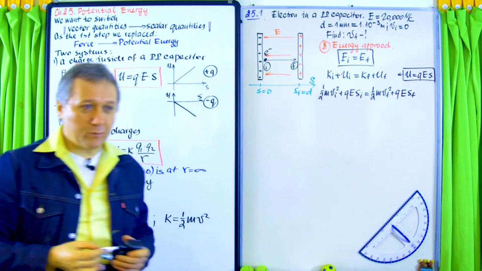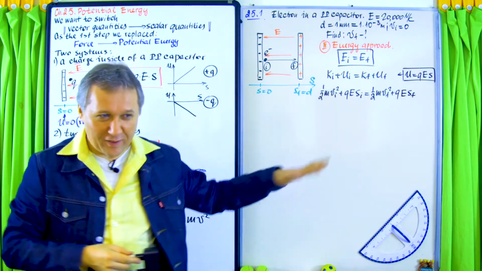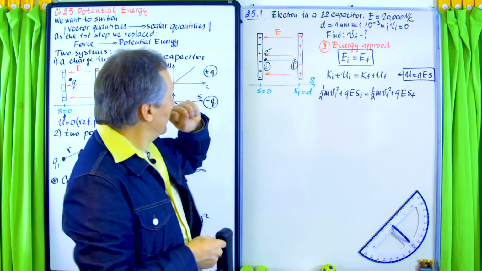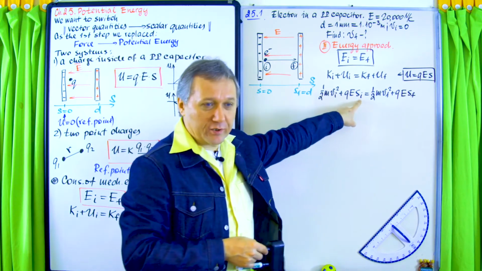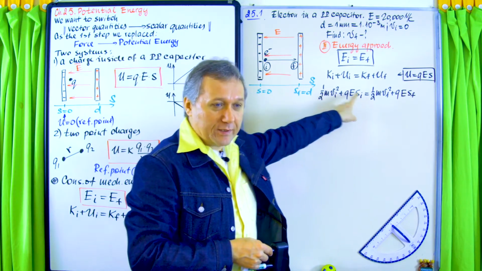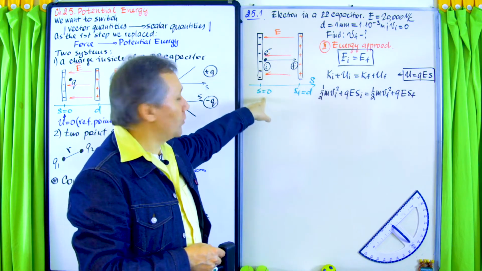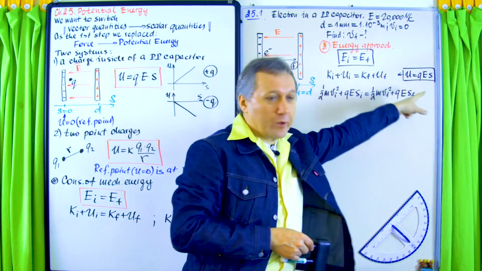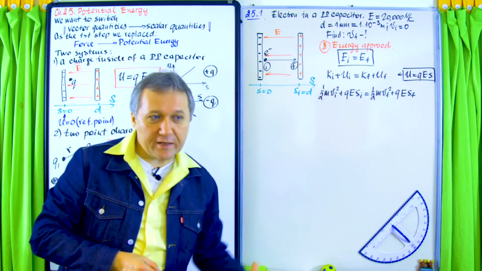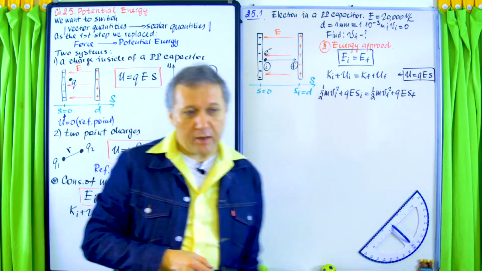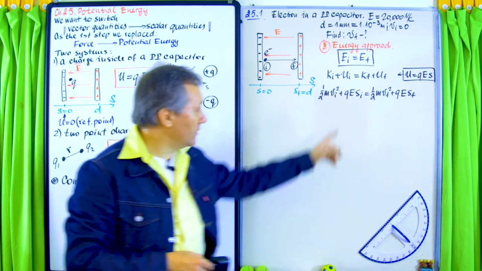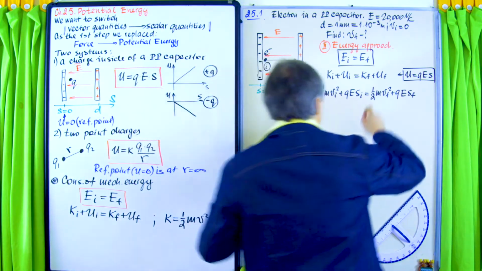Now we can apply what is given to simplify, because there are too many terms. First, the initial position: the object was released from the negative electrode, and that's where our origin is, so s equals 0. Remember that s in this formula is the distance from the negative electrode to the point where the charge is. At the initial point, s initial is 0.